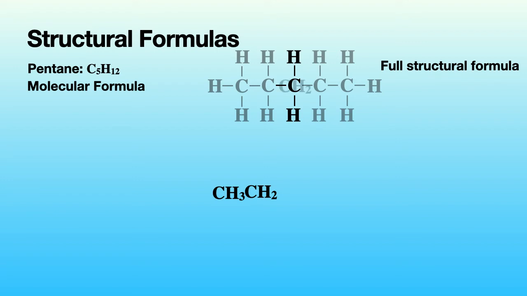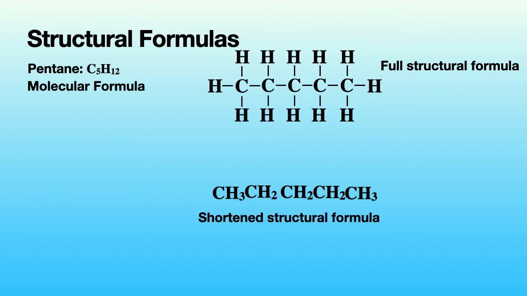You've got another CH2 there, and another CH2 there. And then finally at the end, you've got a carbon and 3 hydrogens, so that would be CH3. That then is your full structural formula for pentane, and now your shortened structural formula. Notice the difference. In the shortened structural formula, it still tells you which atoms are bonded to which, but doesn't show you the bonds themselves.